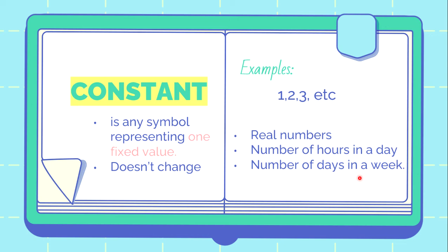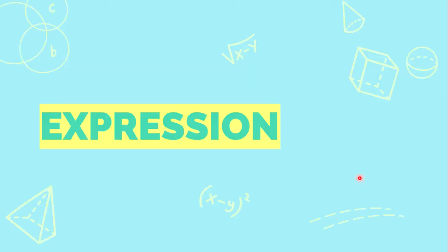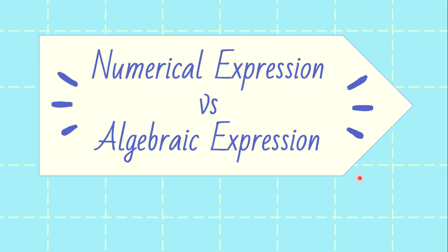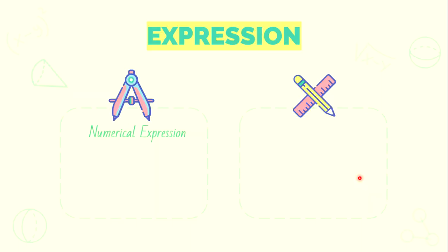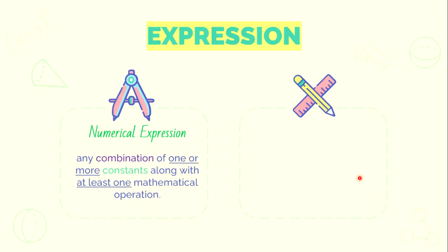Let's now move on to expressions. We have two types, the numerical expression versus the algebraic expression. I know that you are more familiar with the numerical expression because it simply means any combination of one or more constants along with at least one mathematical operation, just a combination of numbers.